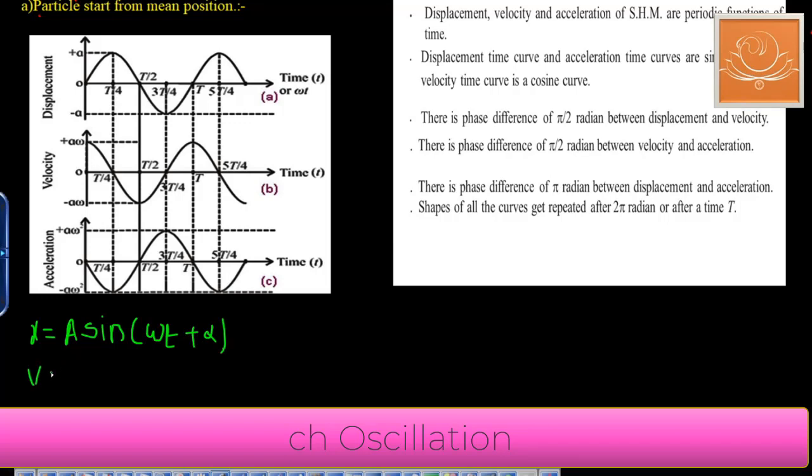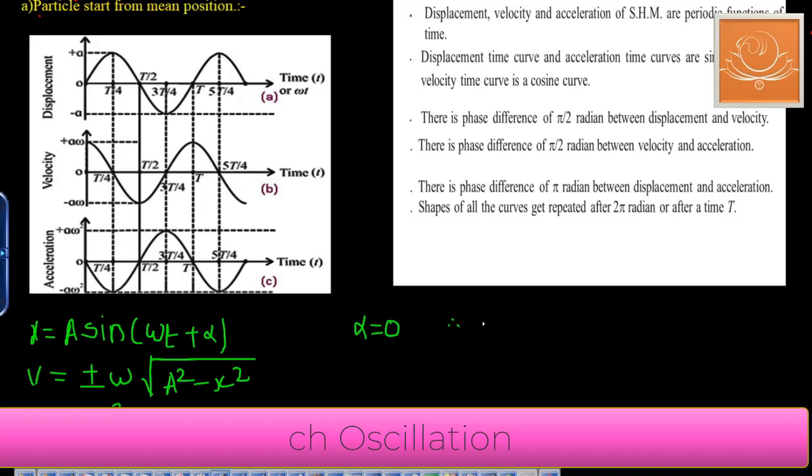The equation for velocity is plus or minus omega under root a square minus x square, and lastly acceleration is minus omega square into x. Now when the particle starts from mean position, its initial phase alpha equal to 0.